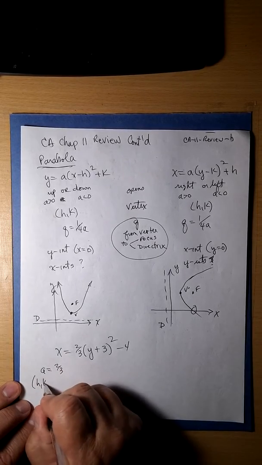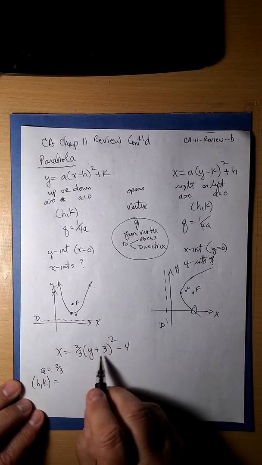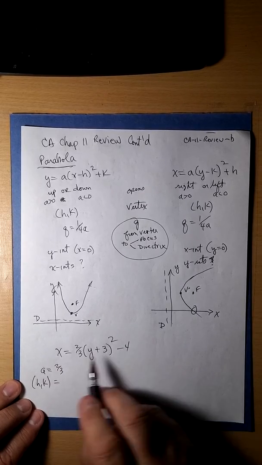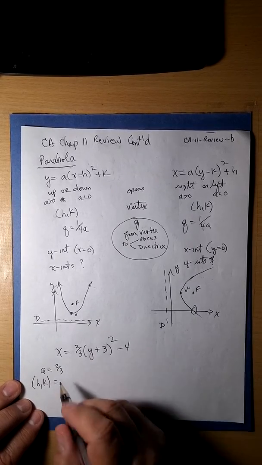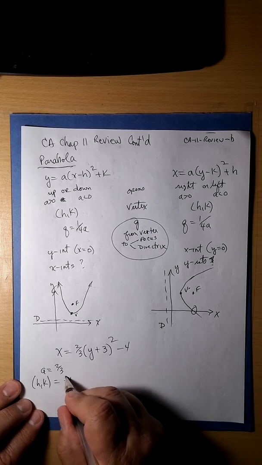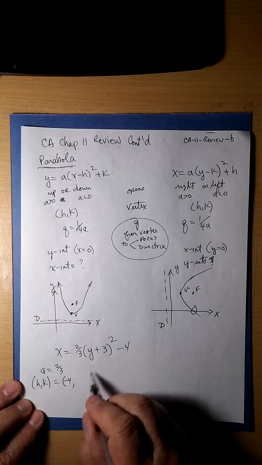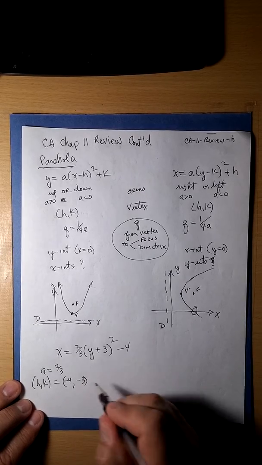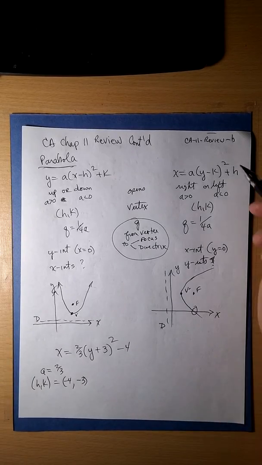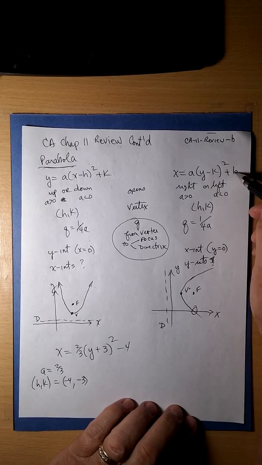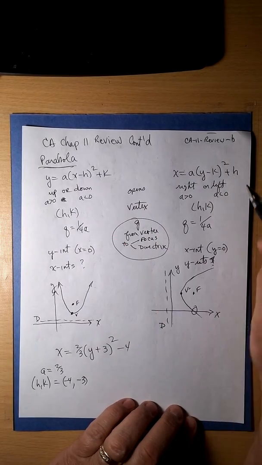We know what (h, k) is, the vertex. Remember, it's sort of the opposite here. The x and this 4 go together, but that's a -4. But this is addition here, so this is a -3 also. Make sure you don't get that confused. That's addition, but this plus k is what we're looking at.